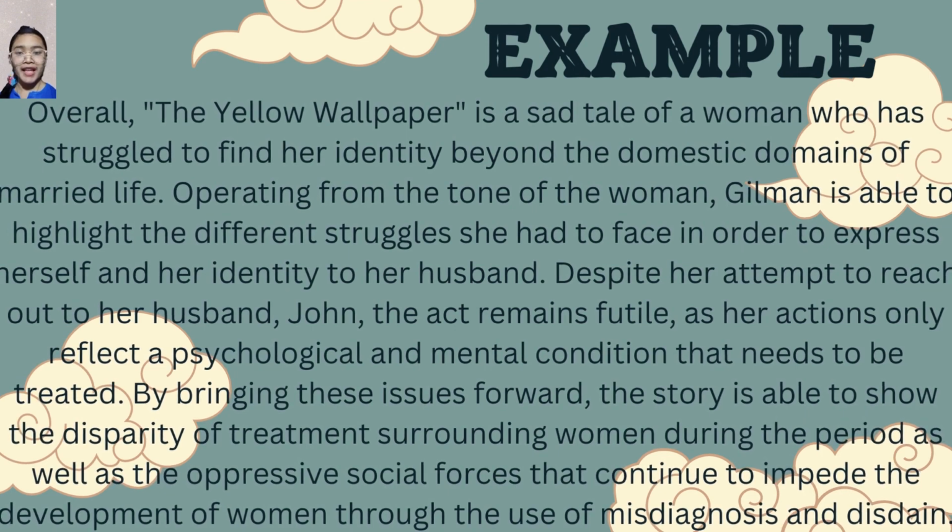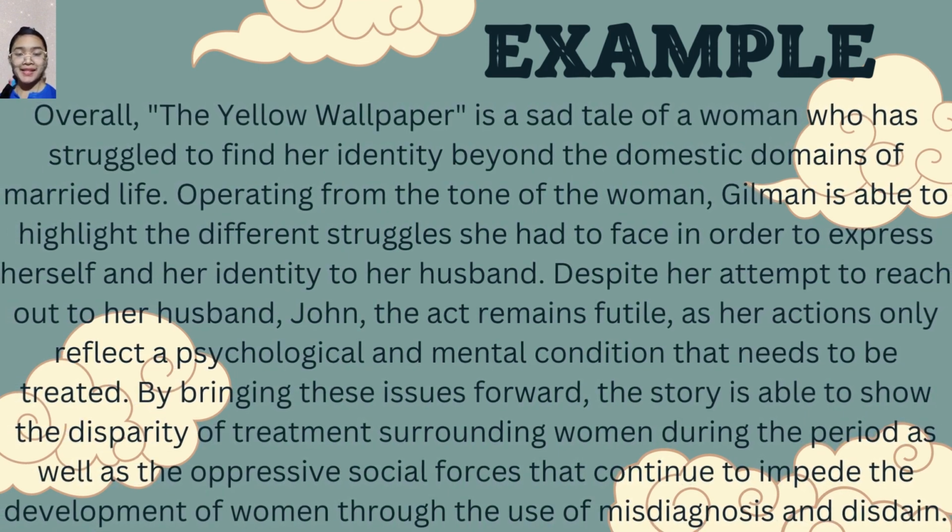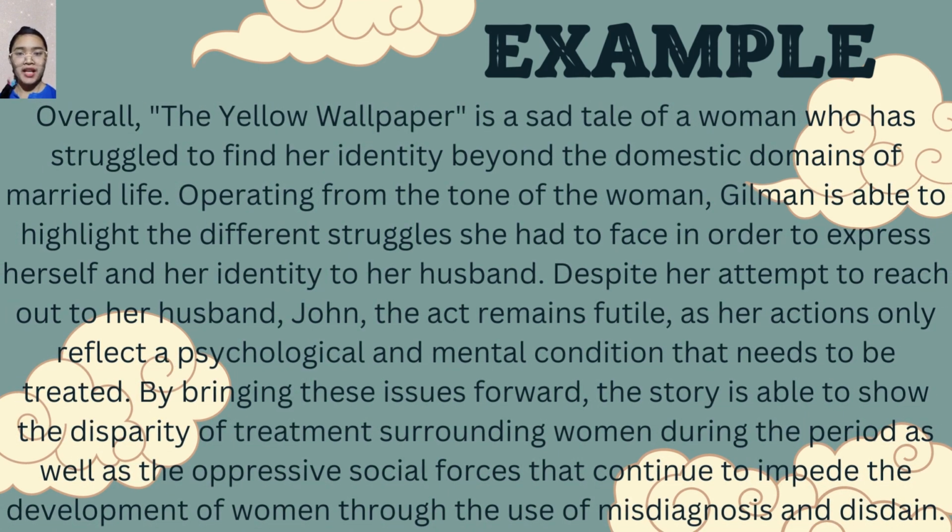Overall, The Yellow Wallpaper is a sad tale of a woman who has struggled to find her identity beyond the domestic domains of married life. Operating from the tone of the woman, Gilman is able to highlight the different struggles she had to face in order to express herself and her identity to her husband.